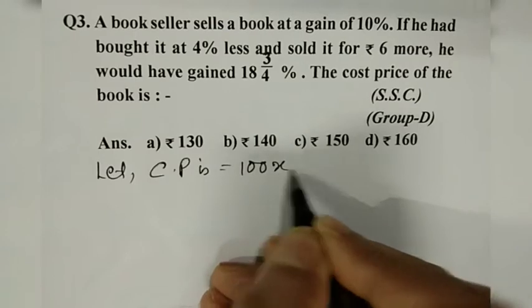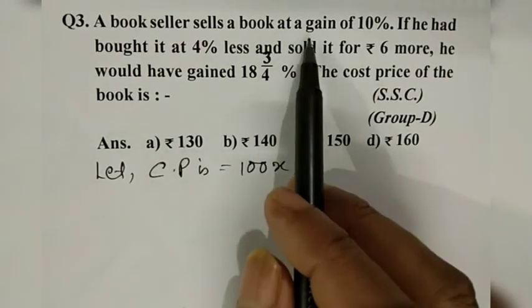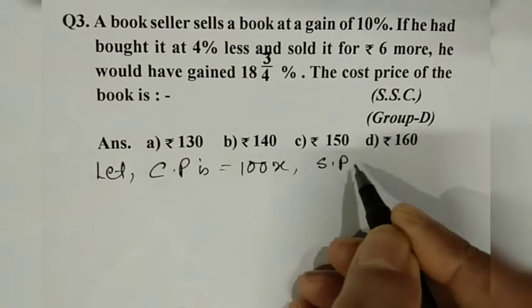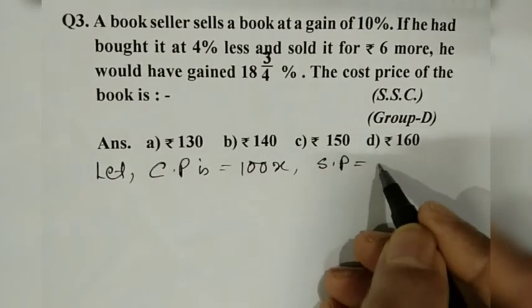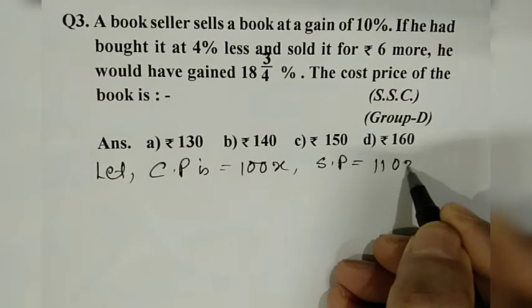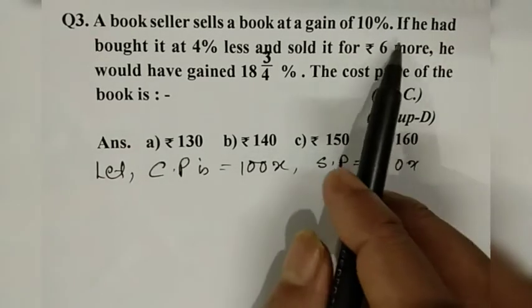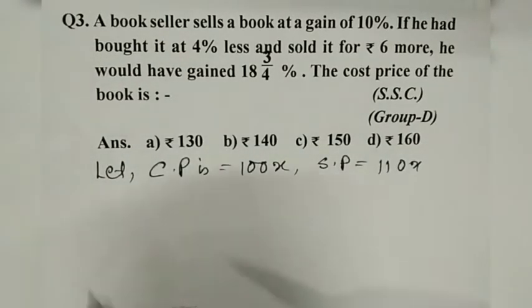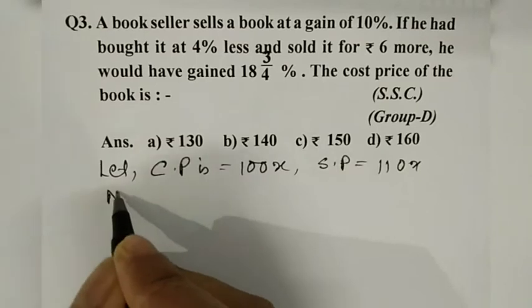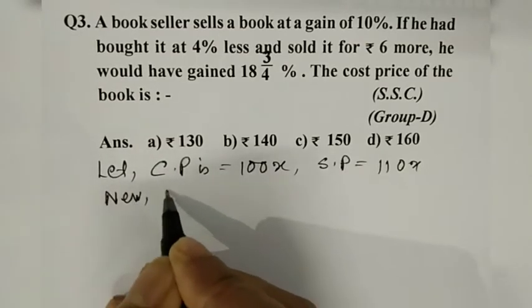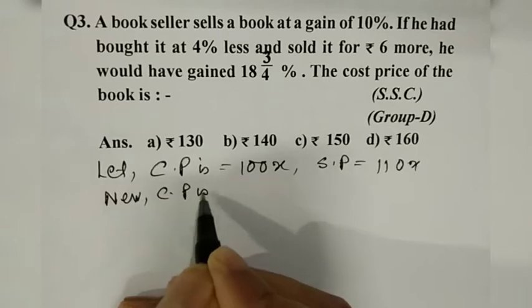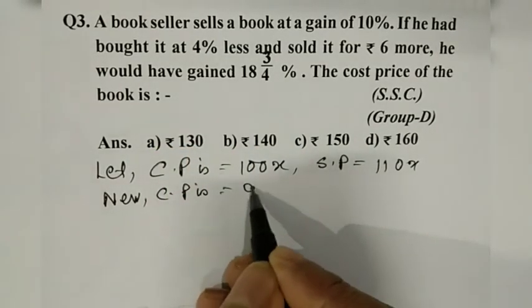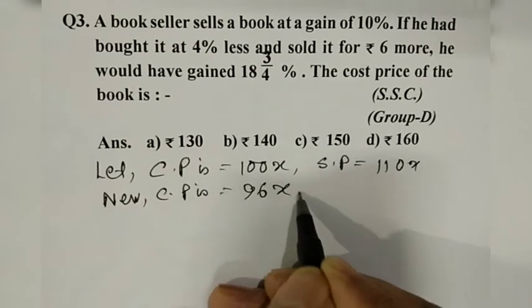Okay, gain of 10%, then selling price is 110x. Achha. If he had bought it at 4% less, then new cost price is 4% less, then 96x.